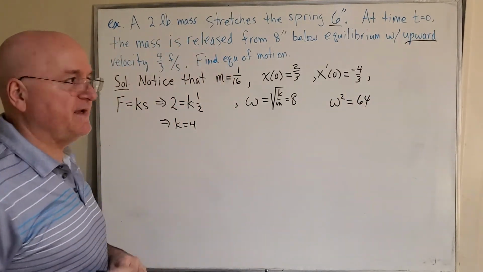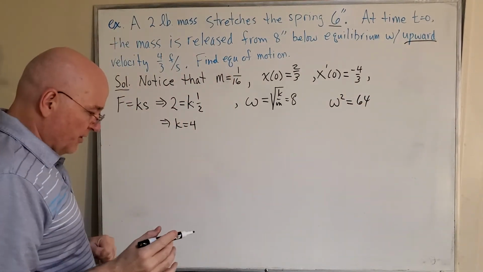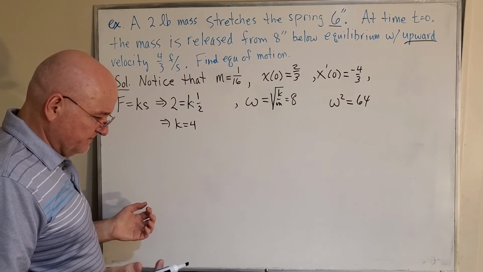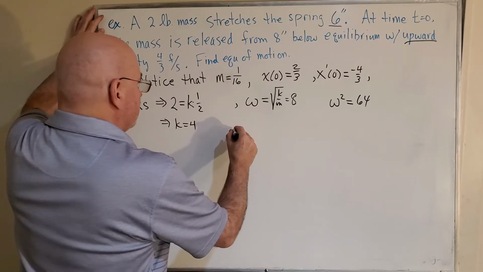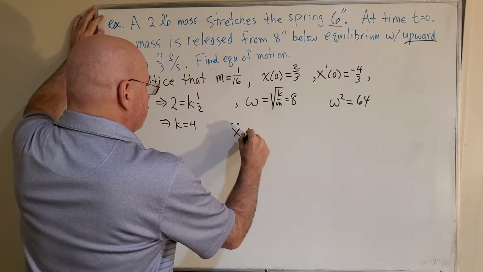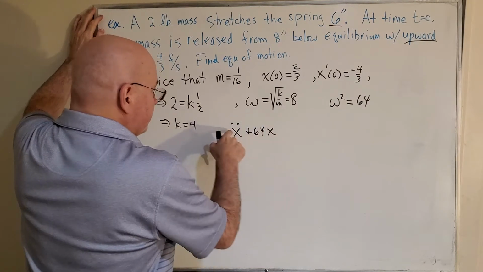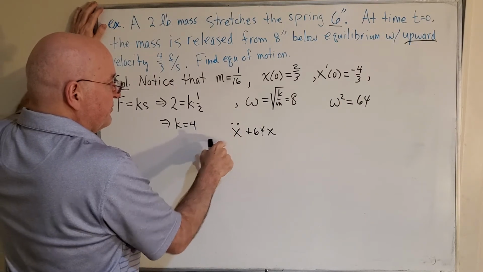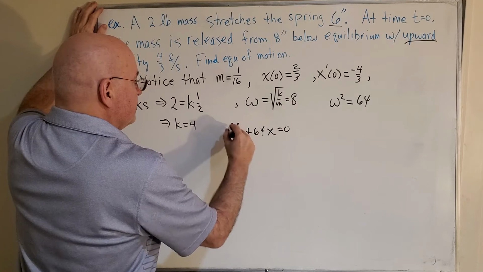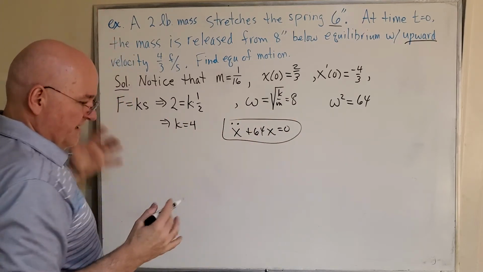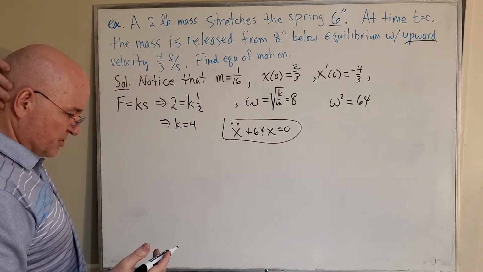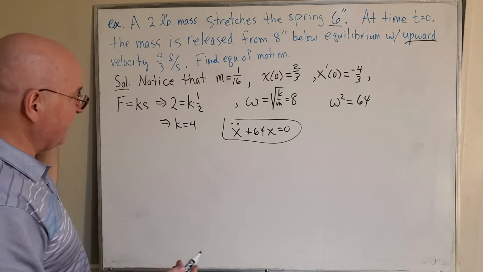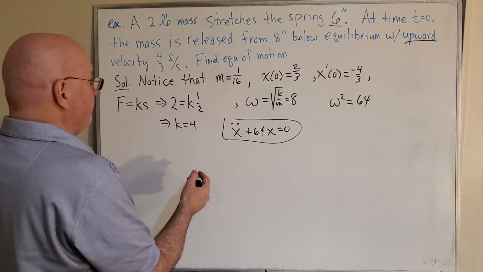So our differential equation, I think, is identical to the last, where we have x double prime plus 64x equals 0, the second derivative with respect to time. So that's our equation, and the general solution will be exactly the same as it was last time. But let's just go ahead and use the theorem.